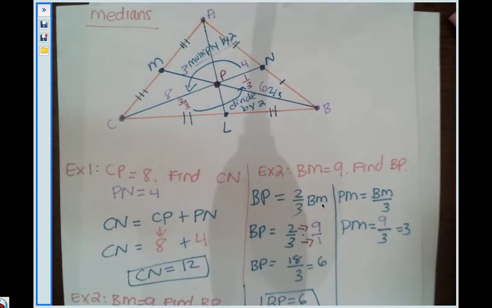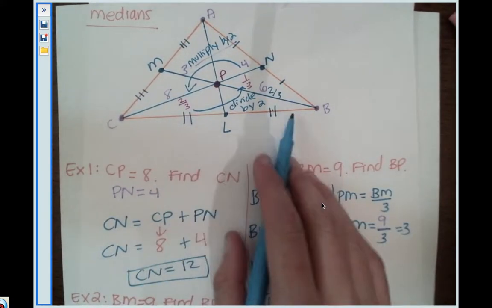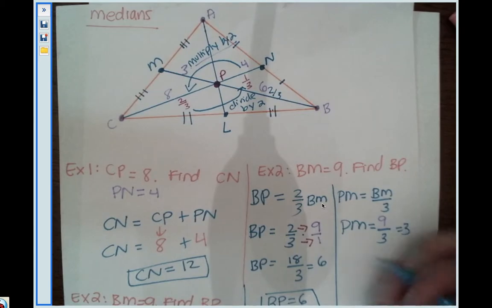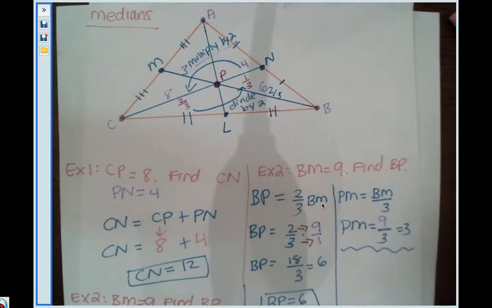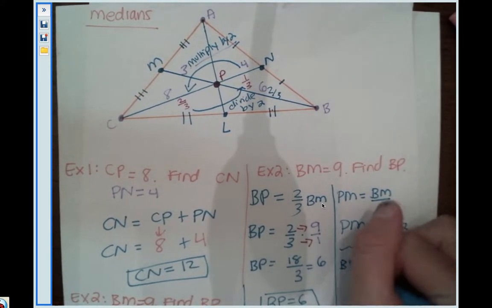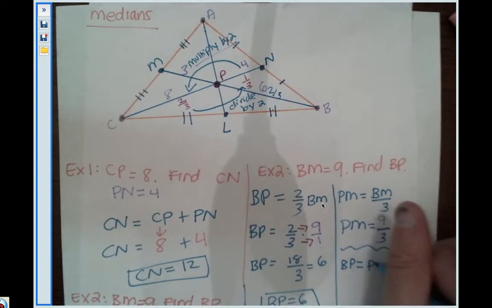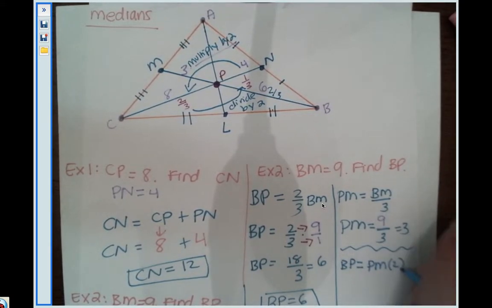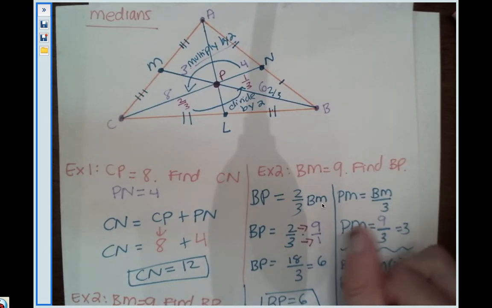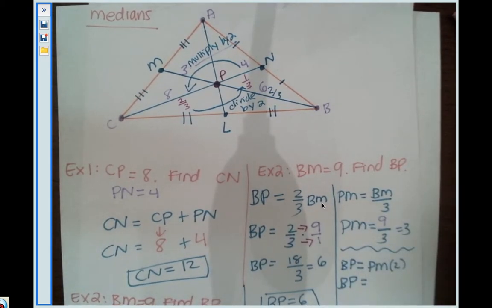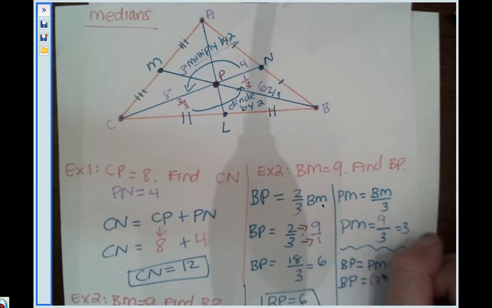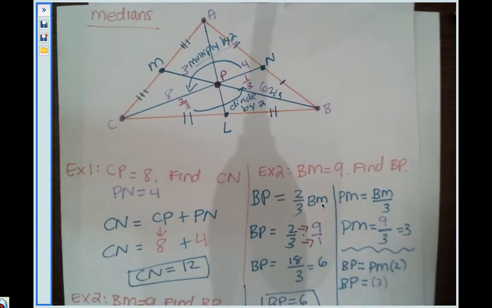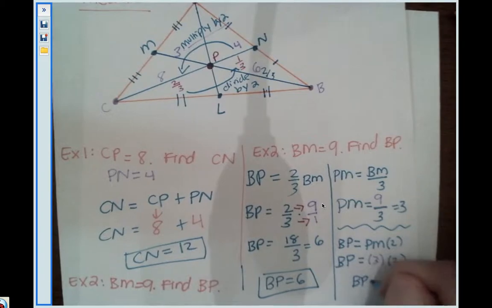So we got that to be 3. And then to get to BP, we just doubled PM. So BP equals PM times 2. BP equals PM, which is 3, times 2. And 3 times 2, you guys, guess what? Will also give us 6.